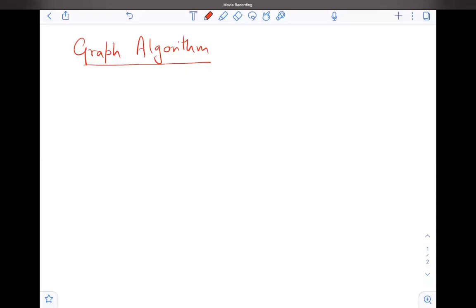One of the most important actions on a graph is to check things like: is the graph connected, is there a path from U to V, or what is the shortest path from U to V. So this is one of the most basic questions: is G connected?